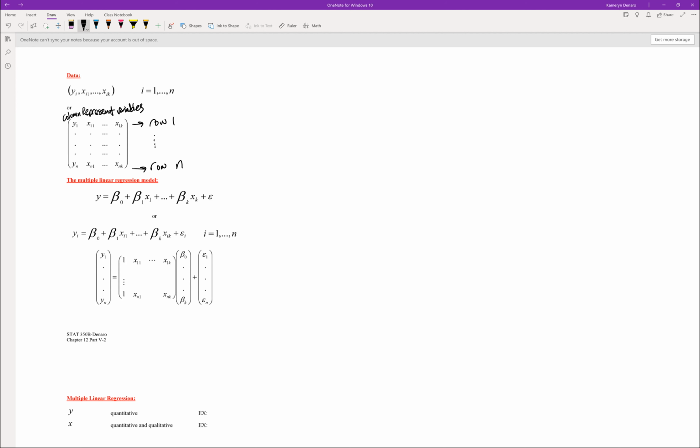For the first row, y1 equals beta 0 plus beta 1 x11 plus all the way down to beta k x1k plus epsilon 1. And for our nth subject, yn equals beta 0 plus beta 1 xn1 plus all the way down to beta k xnk plus epsilon n.